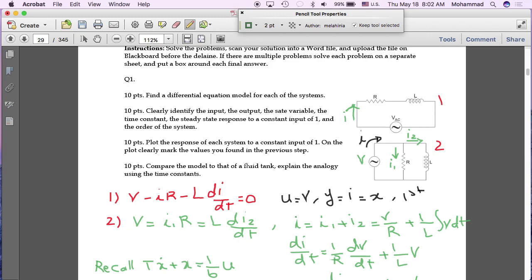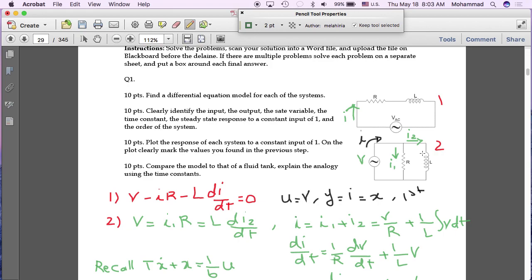But what we do know is that the total current I is equal to I1 plus I2. And why do we know that? Because we have this node here, and according to Kirchhoff's law and conservation of electric charge, current coming into a node is equal to current leaving the node. So I has to be equal to I1 plus I2.